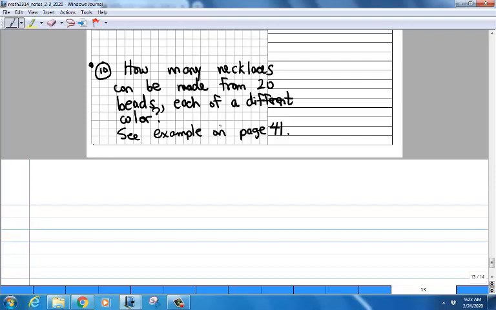The answer is essentially 19 factorial like you would think, except the book is going to claim that some necklaces that appear to be different, that we count differently, are really the same necklace. So y'all can read that.